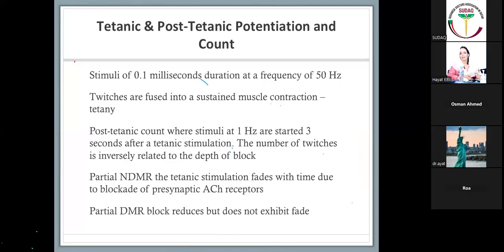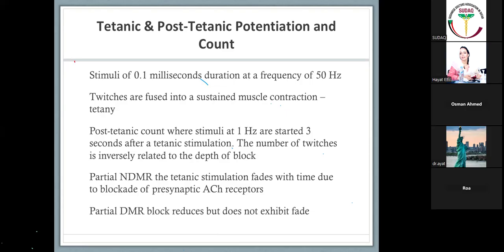Okay, the other one, which is important to know, is the post-tetanic count and post-tetanic potentiation. So the stimulus is again 0.1 millisecond. Here you will give a high frequency, more than 30 hertz.